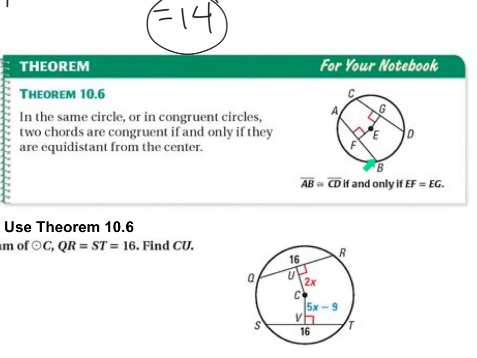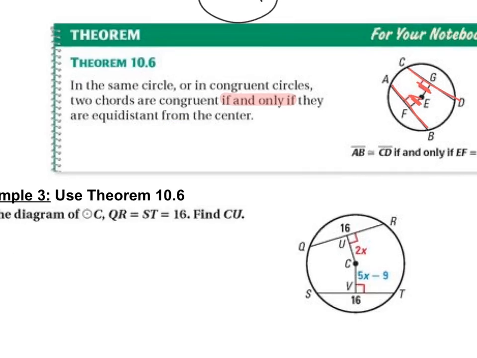So two chords are congruent if they are the same distance away from the center. Not a whole lot to say there other than it's this key right here: it's if and only if. If these distances are not the same, so if there's not a mark there or if they're not telling you that they're the same, then these cannot be congruent. So just keep that in mind.